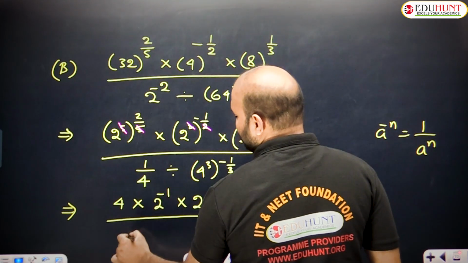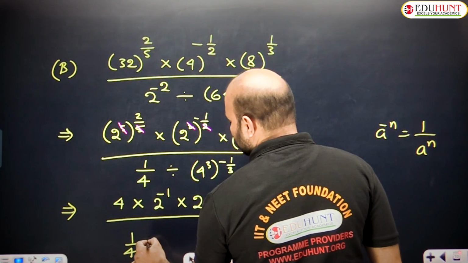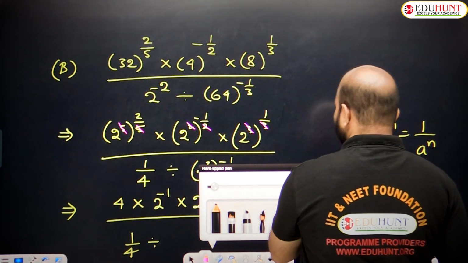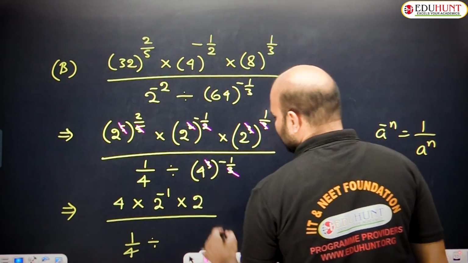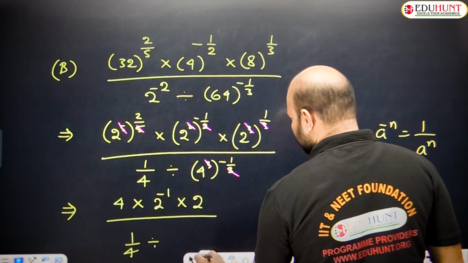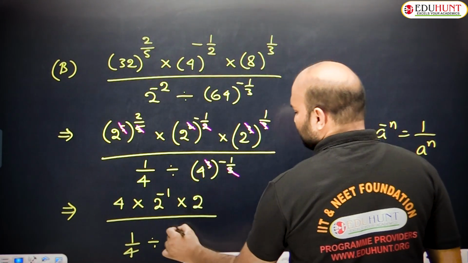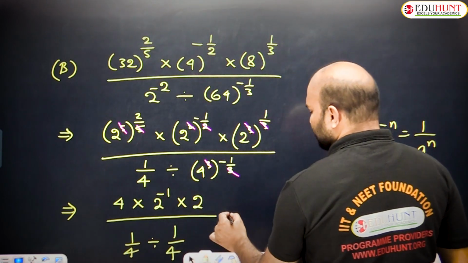So this is 1 by 4 divided by, so here 3 also cancels, a power m whole power n. Which one is left? 4 power minus 1, nothing but 1 by 4. So 1 by 4 cancels.